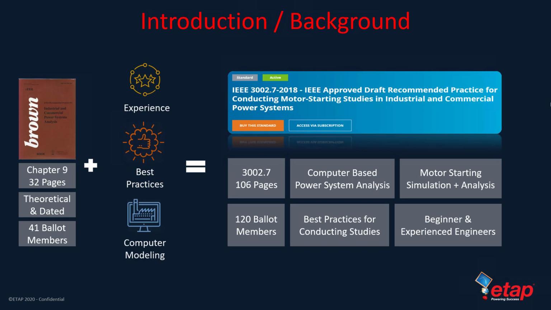It provides us with motor starting simulation plus analysis. It was voted by 120 ballot members, and it can be used by both beginner and experienced engineers. So that's essentially our new IEEE recommended practice for conducting motor starting studies in industrial and commercial power systems.